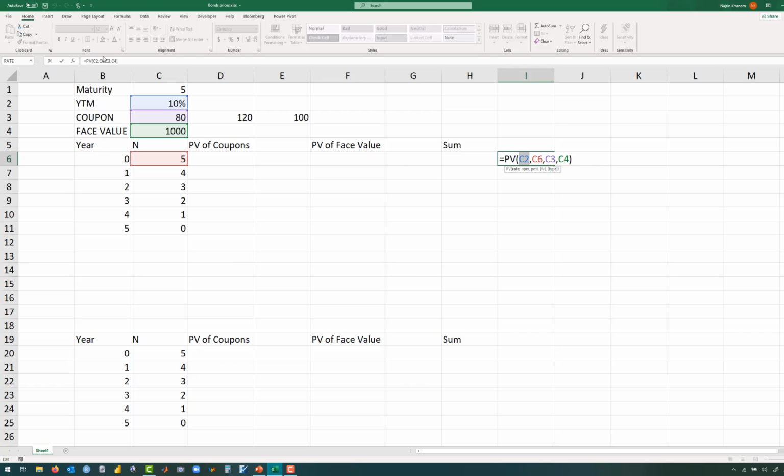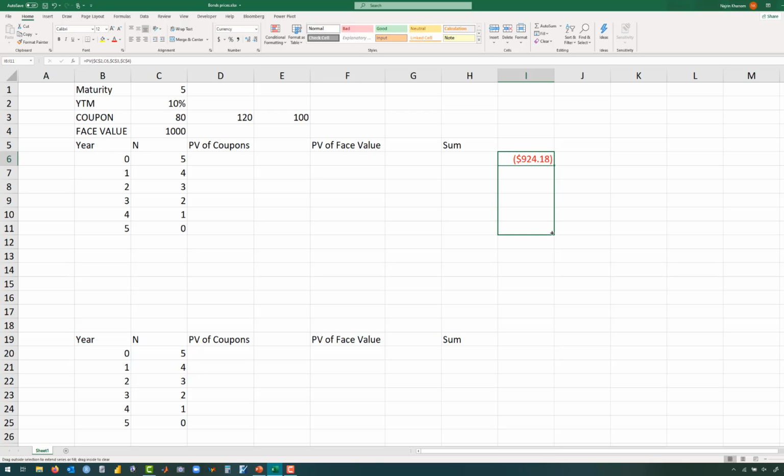Our yield to maturity is not changing over time, so let's fix that. N will change, so next year is going to be 4, 3, 2, and so on, so I'm not going to fix that. The coupon payments are not changing, so for all the years' calculations, this coupon payment will remain the same. Same thing for the face value, which remains at 1,000.